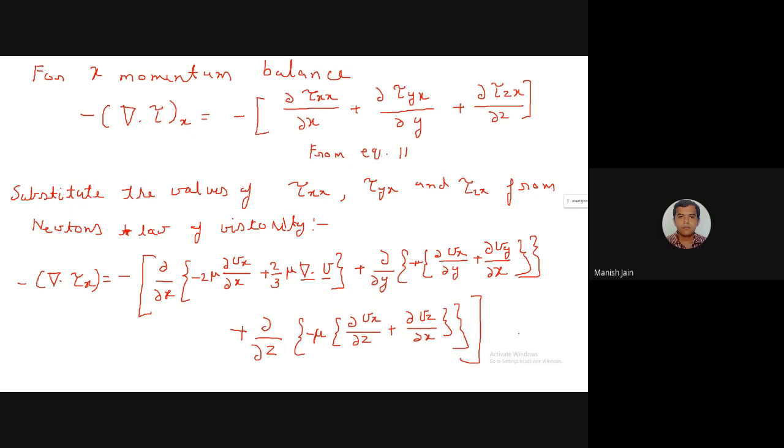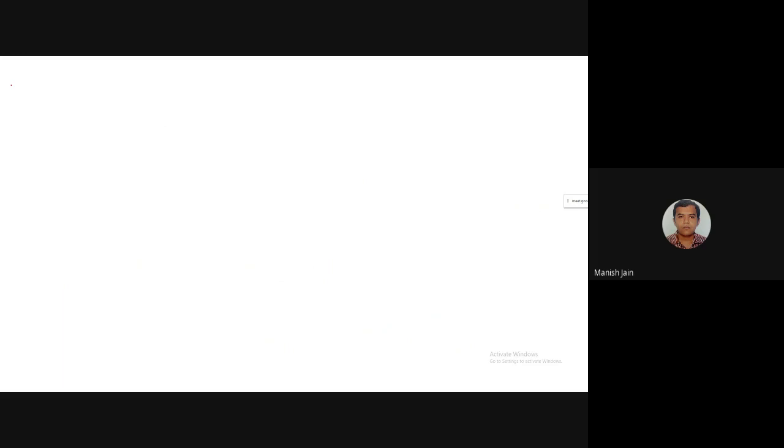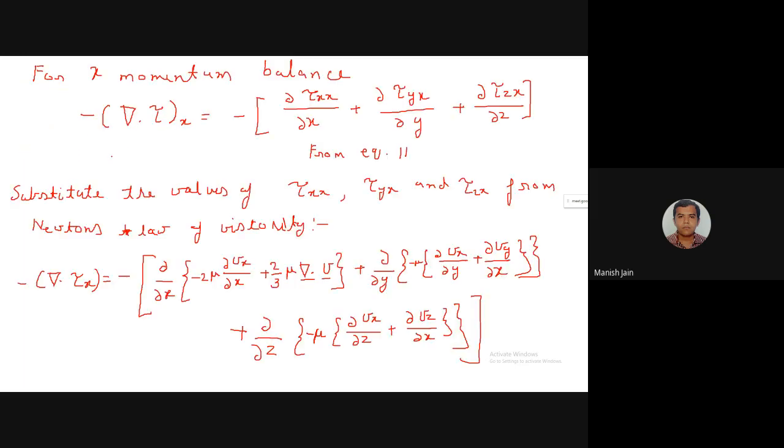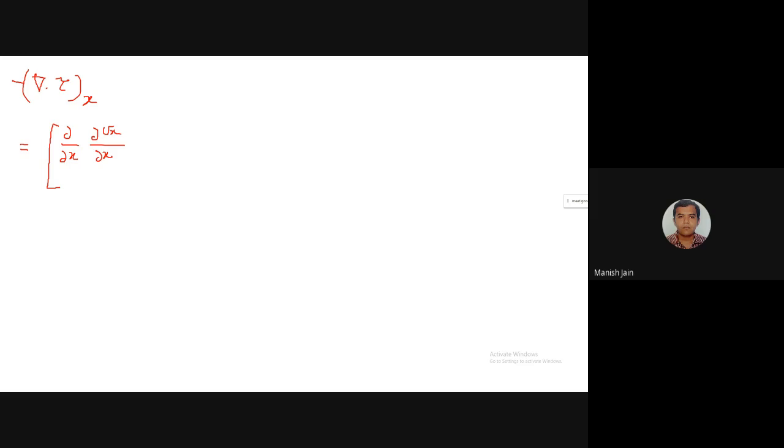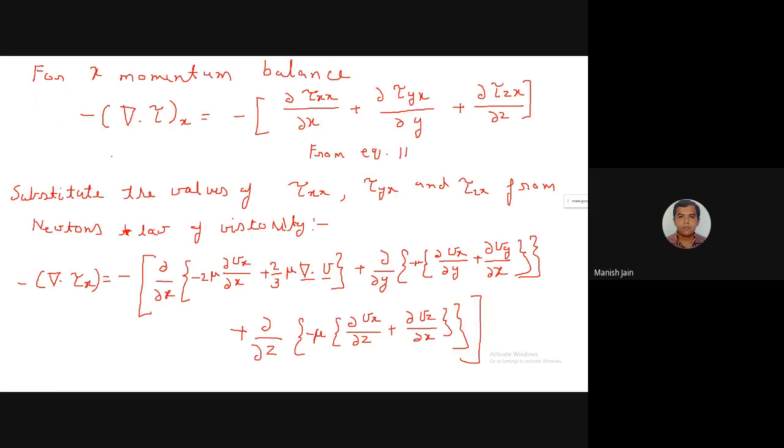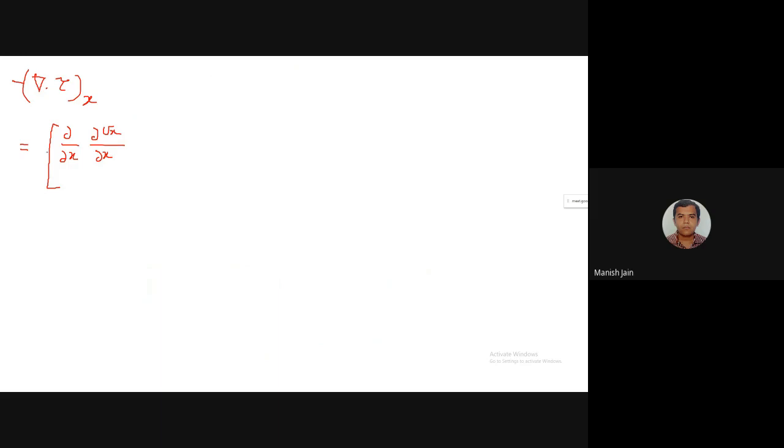Once you open the brackets, you will get minus del dot tau x, that should be equal to, in bracket, del by del x, del vx by del x, first term, then you will take mu common.